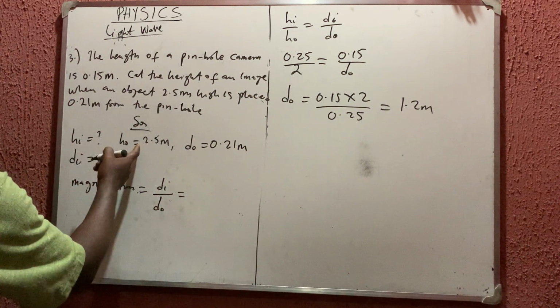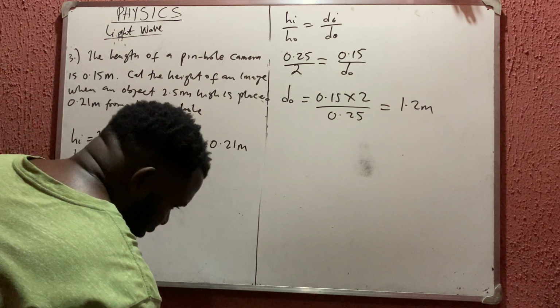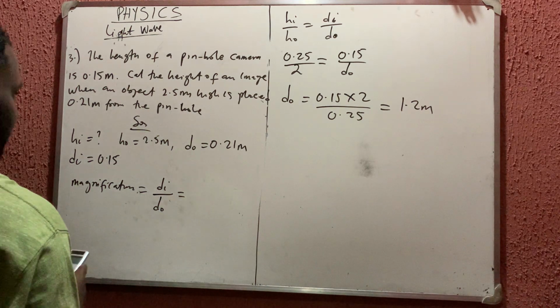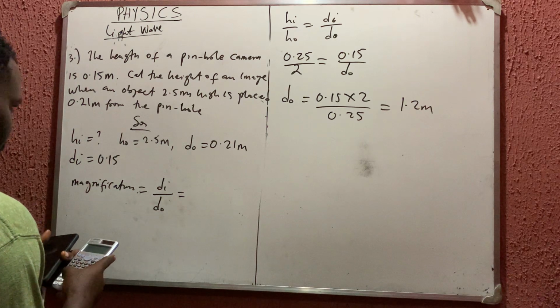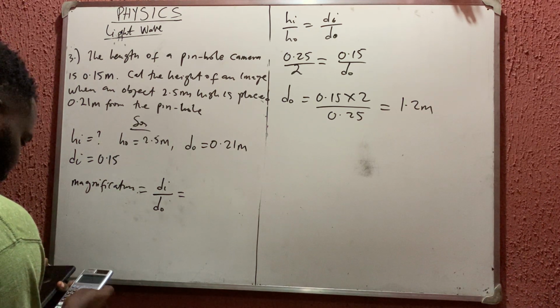Always remember that your image must come first before the object. So 0.15 divided by 0.21 gives 0.71.